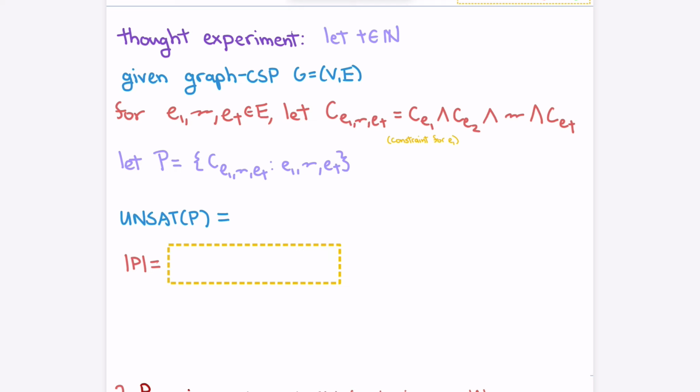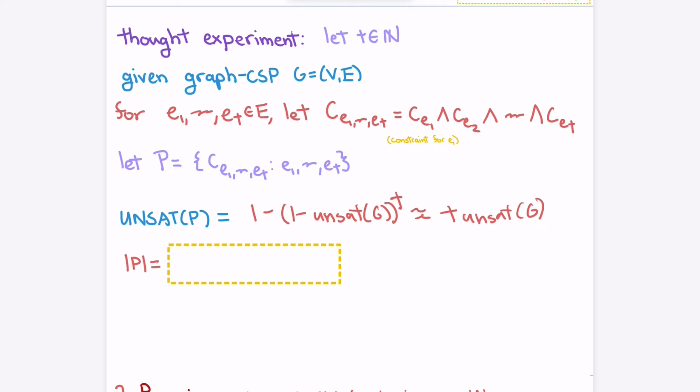So what would actually the new unsat be relative to the old one? 1 minus unsat g to the t? Sounds right. This is roughly t times unsat g, the first order term.